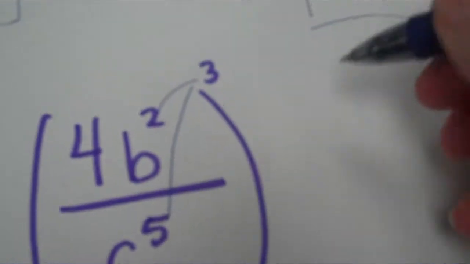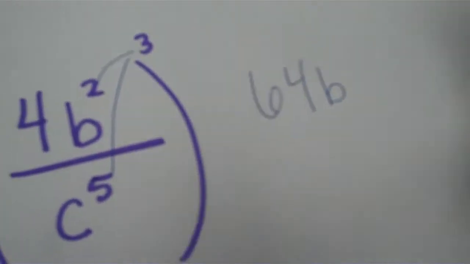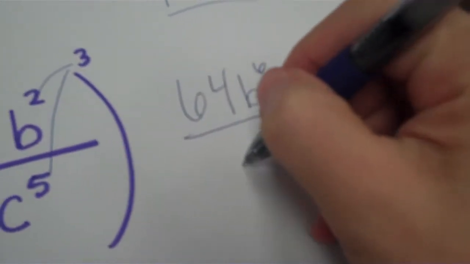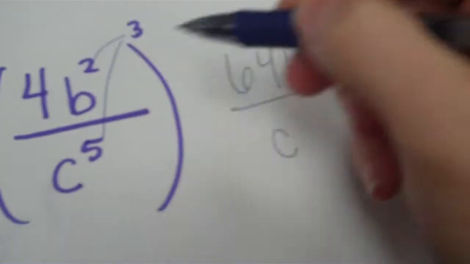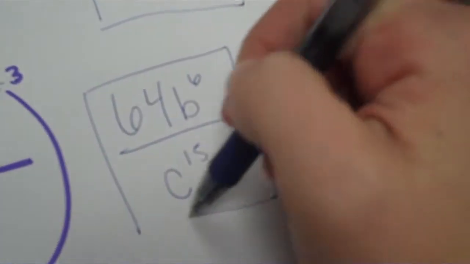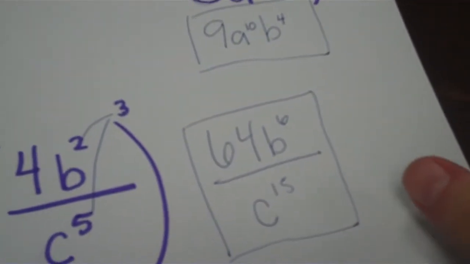And you get 64. So you're going to put 64. Put my b. And then I multiply. 3 times 2 is 6. I put my division bar, I put my c. 3 times 5 is 15. That's all you're doing. You're treating the big numbers like normal, like you already know how to do, and then all you're doing is you're multiplying those exponents. So that is power rule.